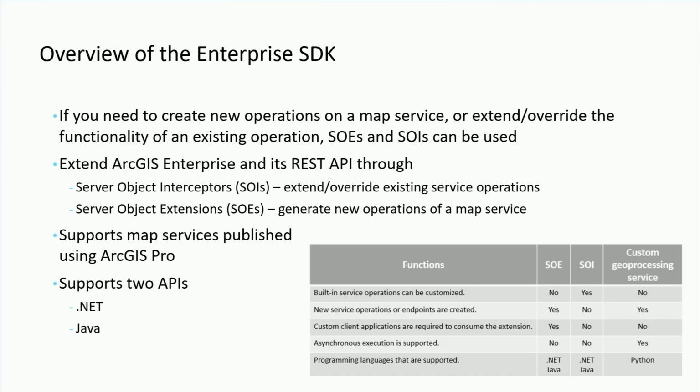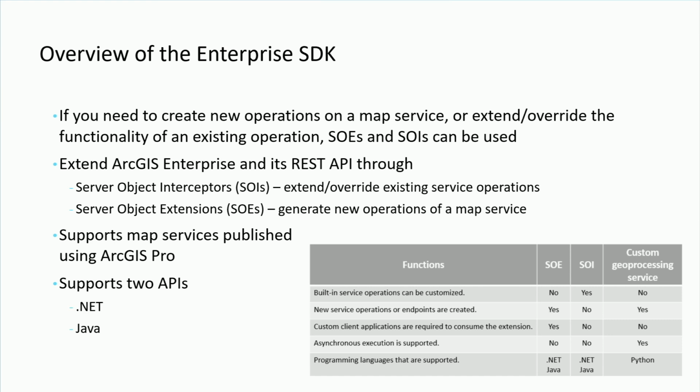Versus an SOE, a server object extension. Here, what you're doing is actually adding new operations. You're adding methods that do not exist through the current public REST API. You're adding your own API in there. Now, that being said, the client applications, ArcGIS Pro, web apps or mobile apps, would have to have knowledge of that new API, because by default, they only have knowledge of the APIs that we expose through REST.